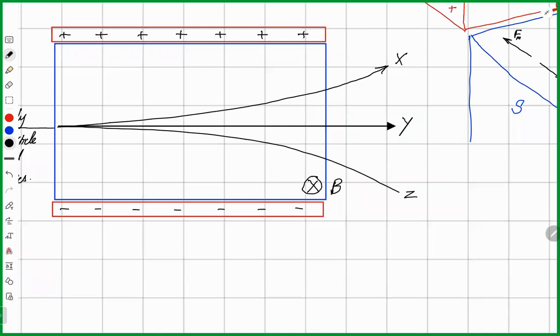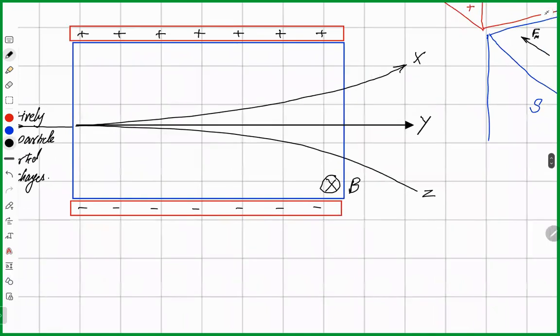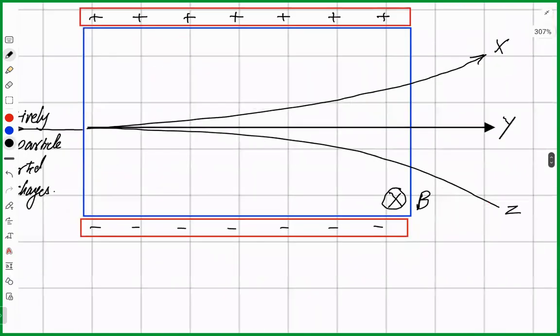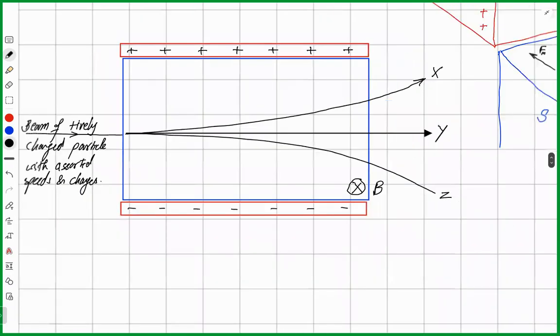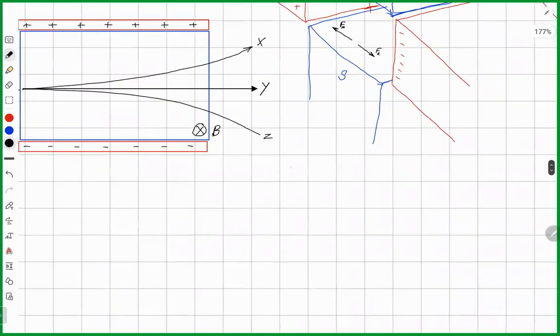Okay. Now, when we talk about the electric field, it is force divided by charge, or the electric field is also the potential difference between the plates divided by the distance between the plates.